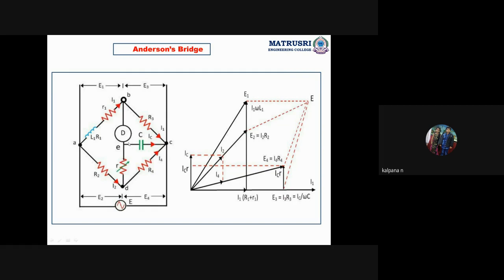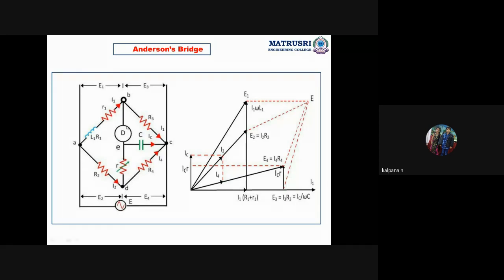Please listen carefully. This Anderson bridge is different from others, and this is very, very important. Compulsory question. Keep a star mark. Here we cannot use the Z1 Z4 equals Z2 Z3 balance equation. So how can we find the balance condition?